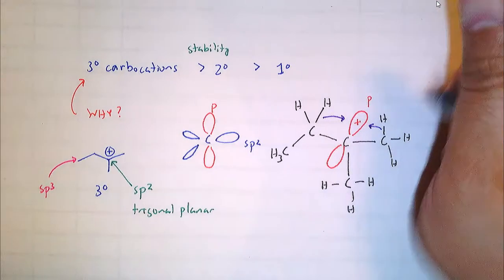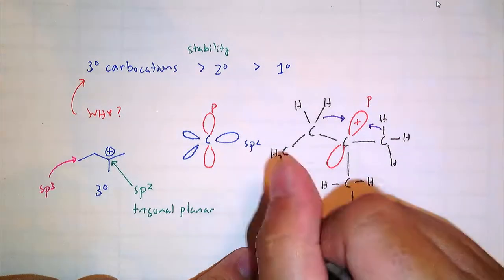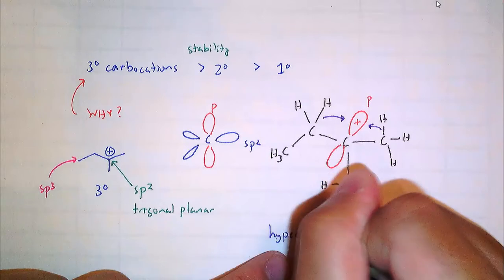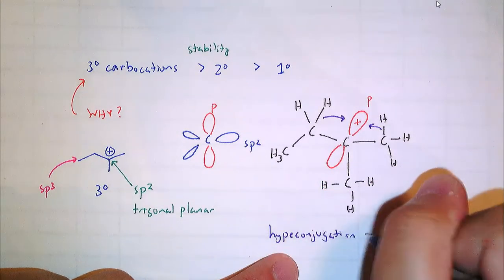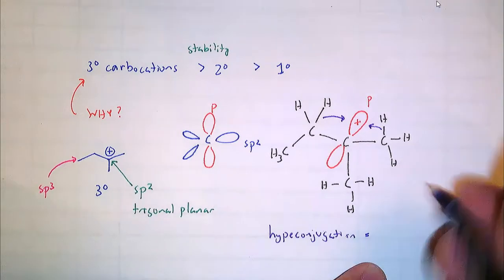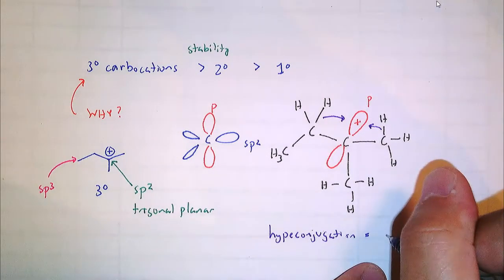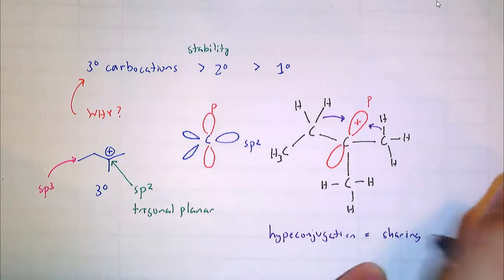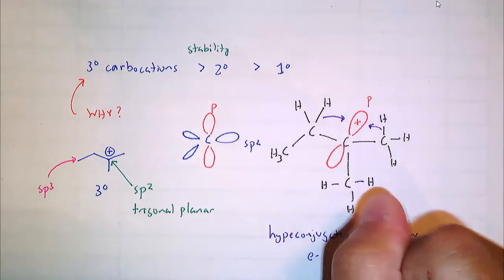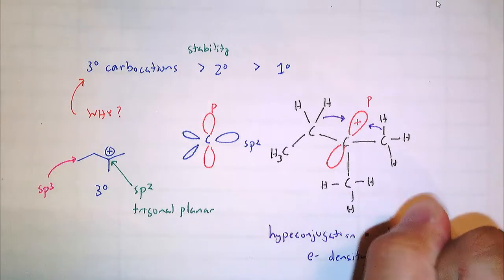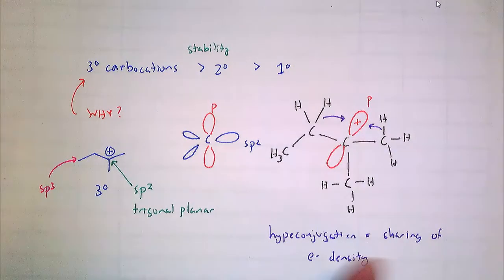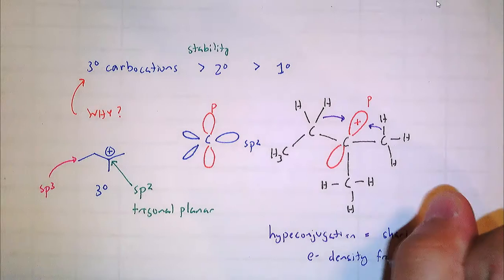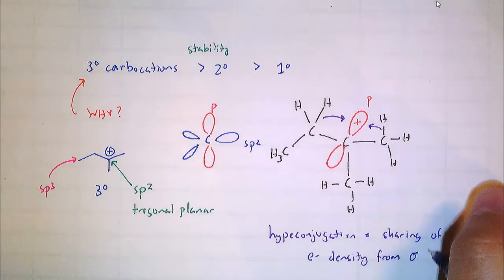The sigma bond. So this is called hyperconjugation. And it's a sharing of electron density from a sigma bond, from a neighboring sigma bond. Geometry-wise, they're pretty lined up. Okay, so sharing of electron density from the sigma bond.